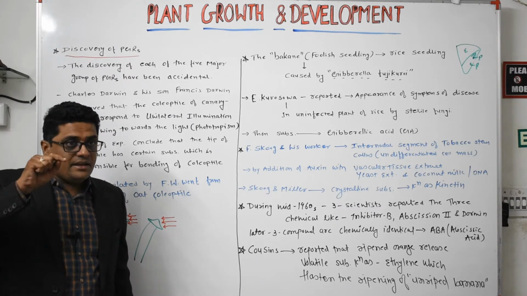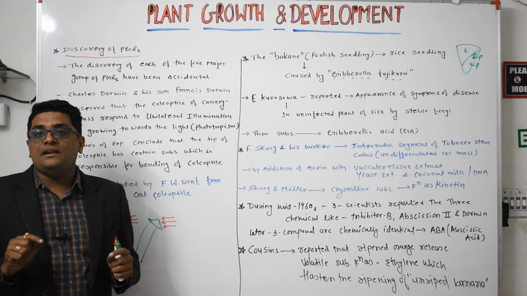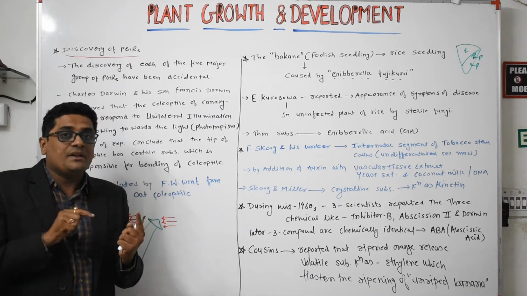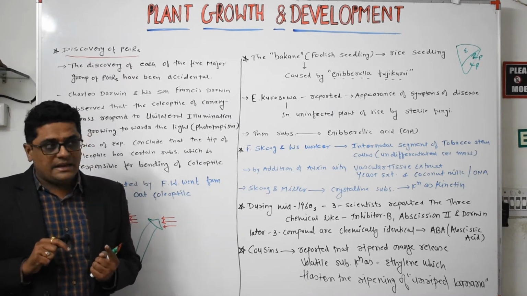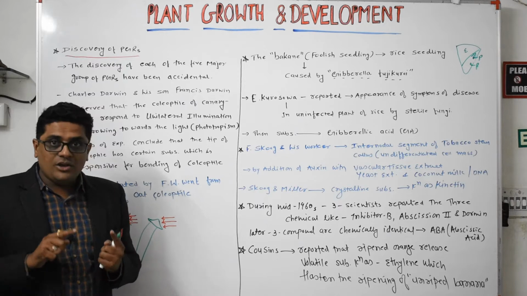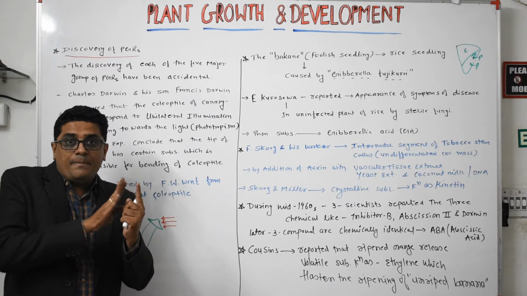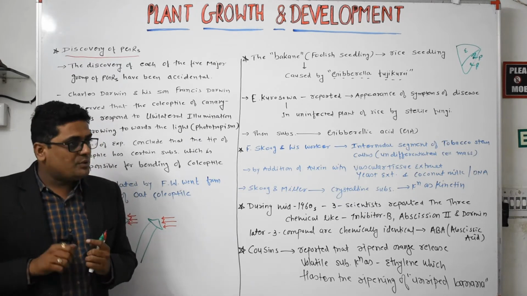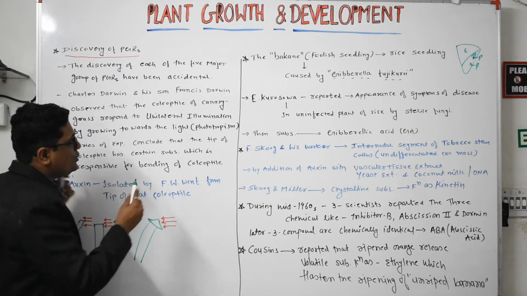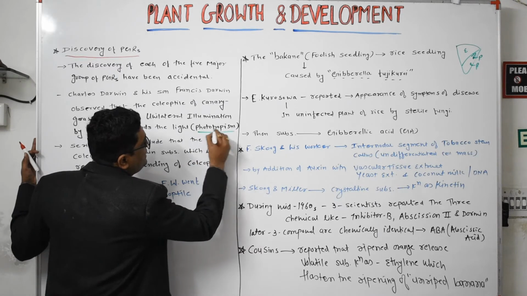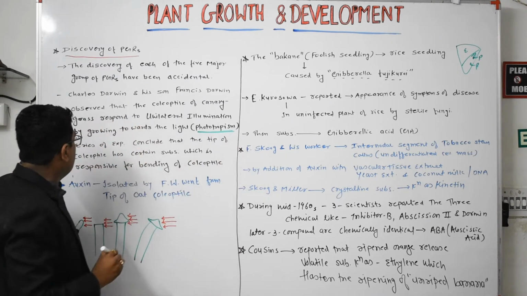When they illuminated unilateral light on the tip of the coleoptile of the canary grass plant, they observed that the tip of the coleoptile bends towards the light, and that process is known as phototropism.